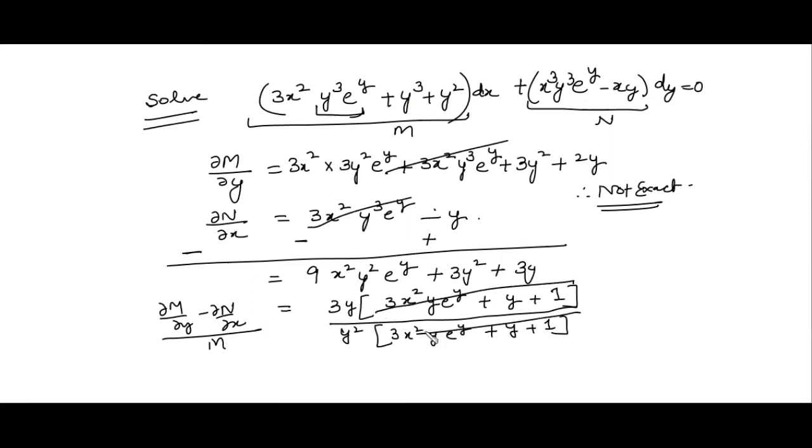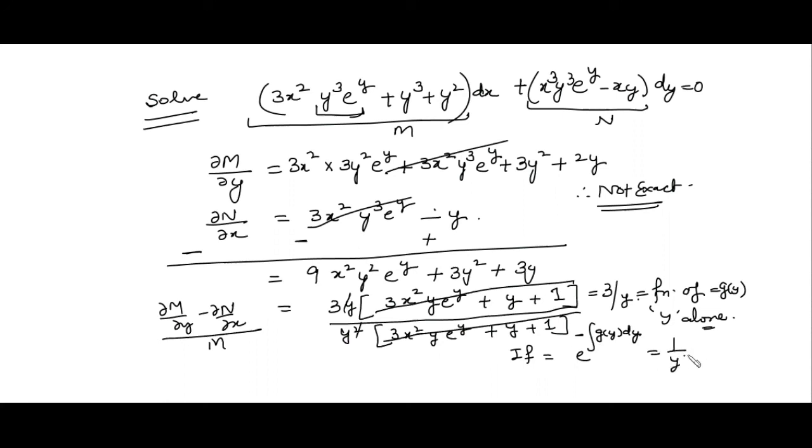These two terms are cancelled out. This y is cancelled out, so we are left with 3 by y, which is a function of y alone. Call this as g(y). So we can now find out the integrating factor, that will be e to the power integral of minus of g(y) dy. So that comes out to be 1 over y cube. So this is the integrating factor.